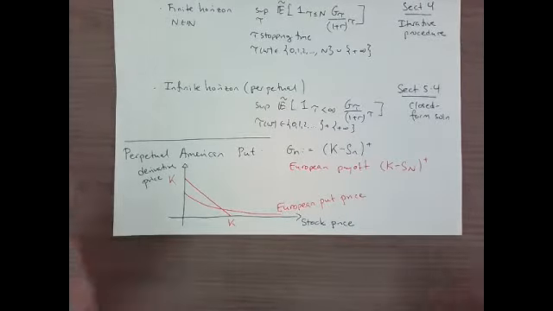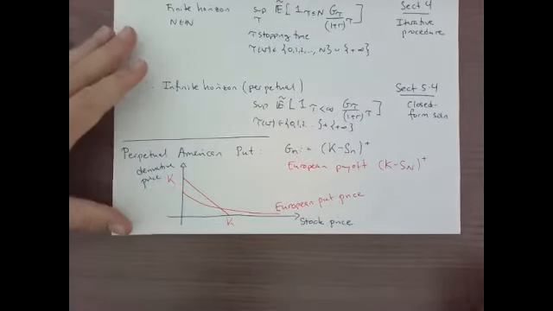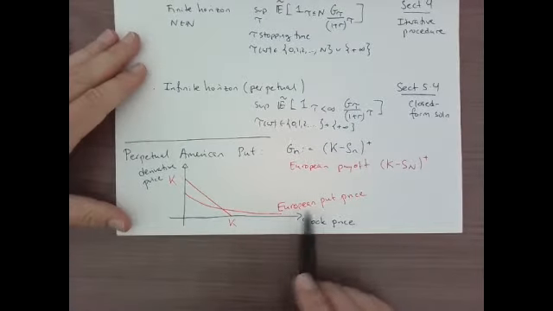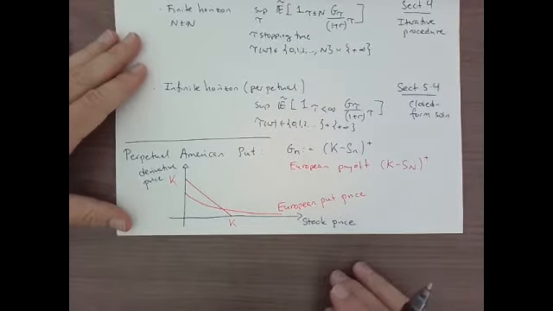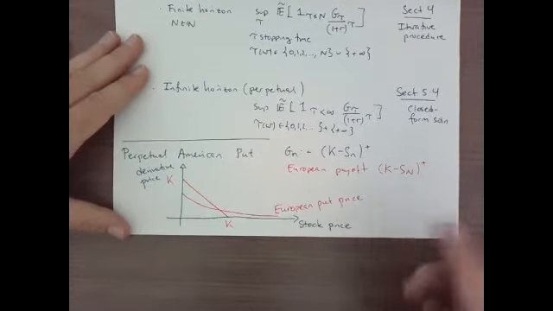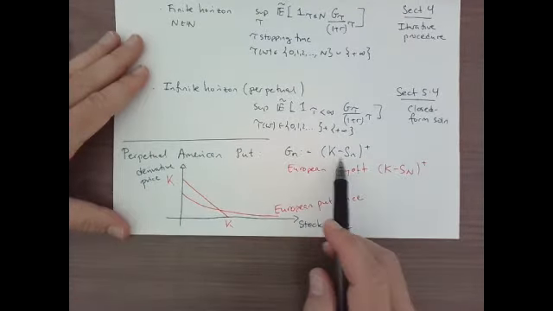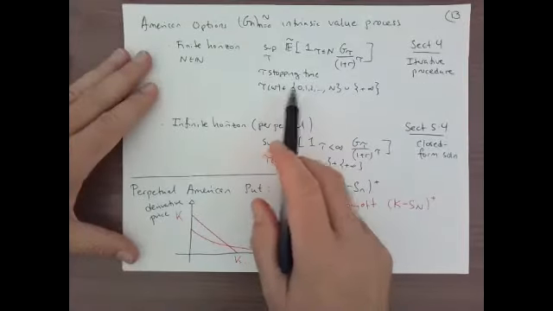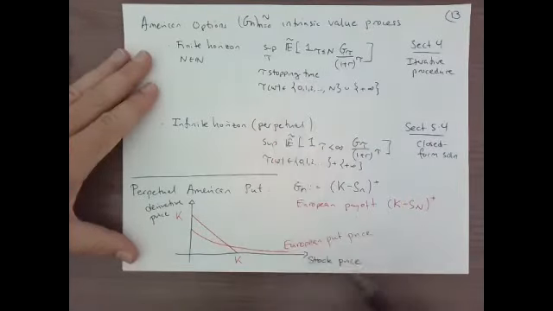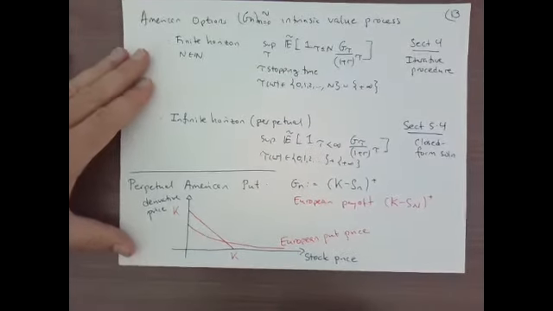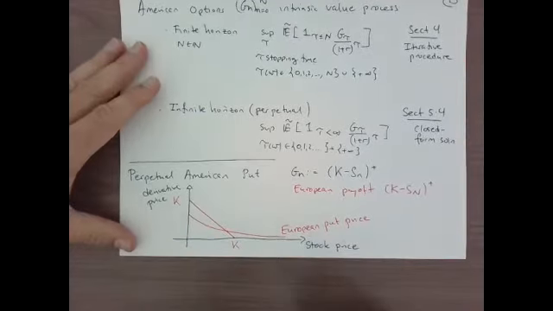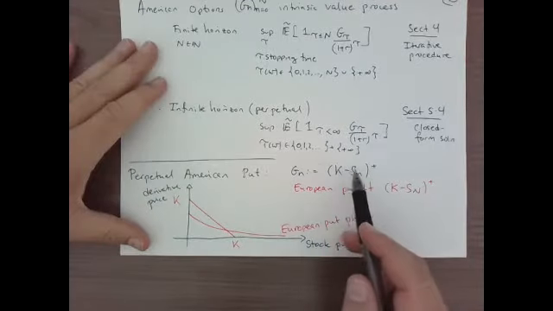So I also want to make a picture of the American one. Now the American one is going to be more expensive, as we talked about, because you have this additional feature that you can call it quits anytime you want and collect the payoff G. So you can always exercise and get K minus the underlying.